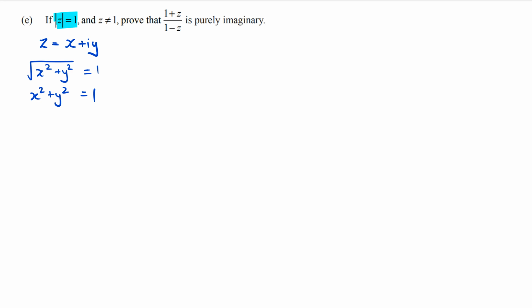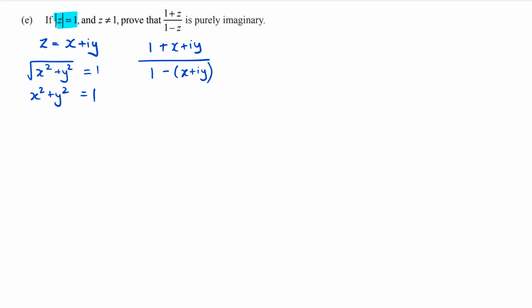Now the next step is we've got to prove that this is purely imaginary. So what we're going to do is simply substitute our x plus iy in this and just start manipulating it around. So because z is equal to x plus iy, I'm going to do that, divided by 1 minus x plus iy.